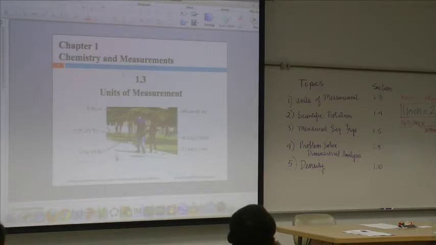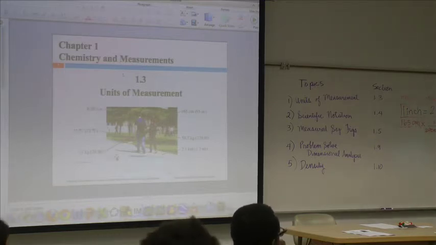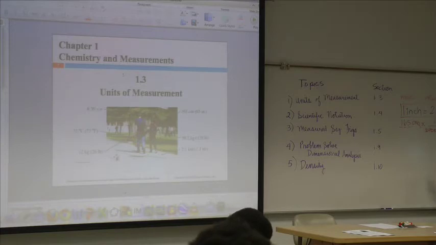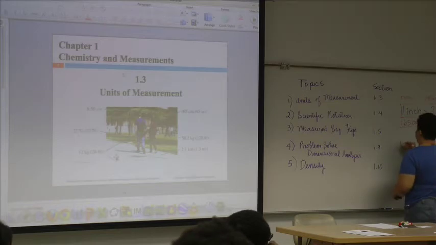Now we can look at the weight. The weight of the backpack is 12 kilograms. How can we convert kilograms to pounds? See, most of you know this, so there's no point in going over and over it again.